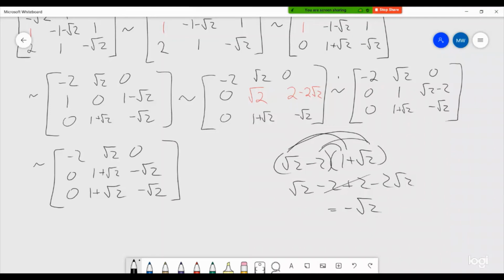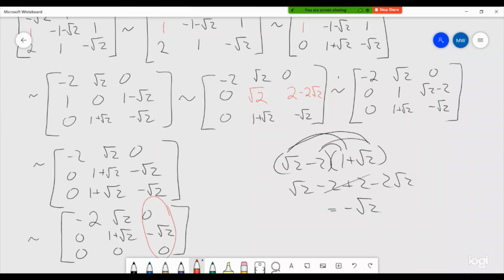Alright, and then from here, it's pretty straightforward to see that this is going to row reduce to a row with zeros. So negative 2, root 2, 0, 0, 1 plus root 2, negative root 2, 0, 0, 0. And so again, here is our free variable.